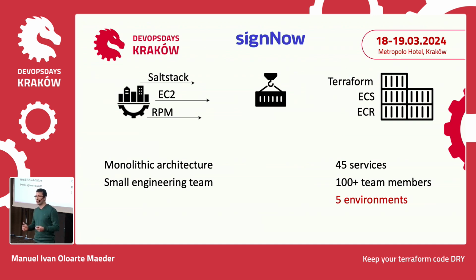In total, we had also 5 different environments, and this is very crucial because all of those 5 environments were identical to each other. Maybe the only difference was that some services were turned off in some environments, or the resources were different, because of course you wouldn't assign the same amount of resources in a development environment as in a production.